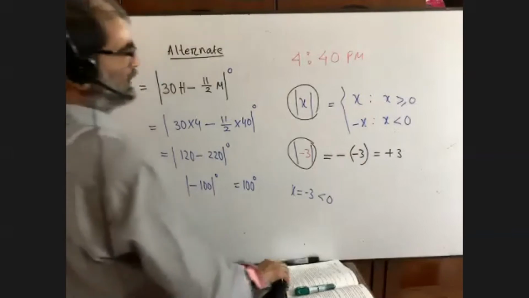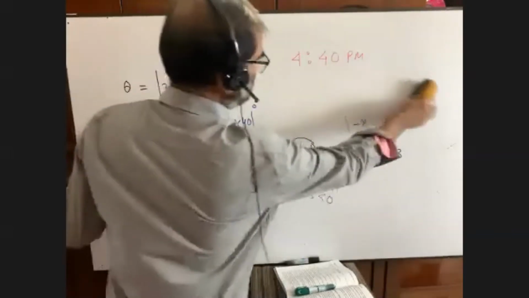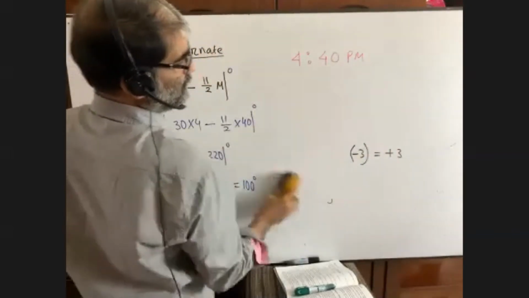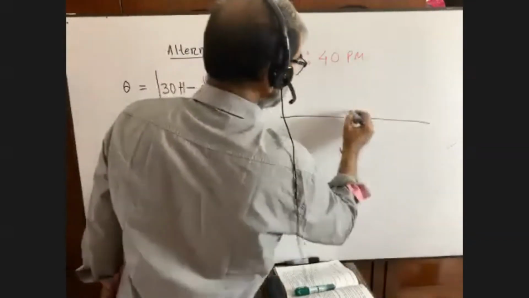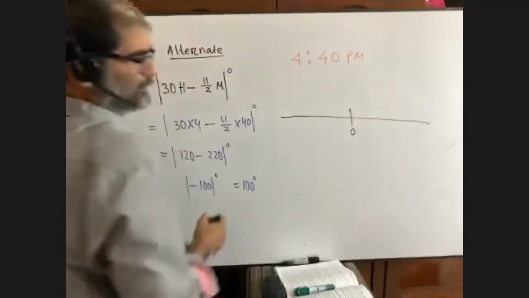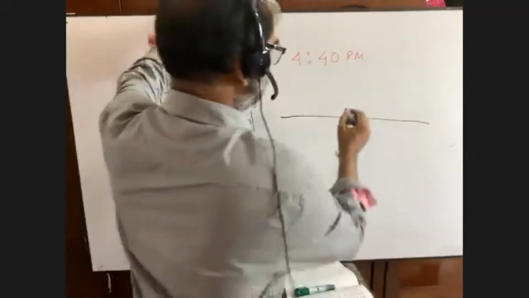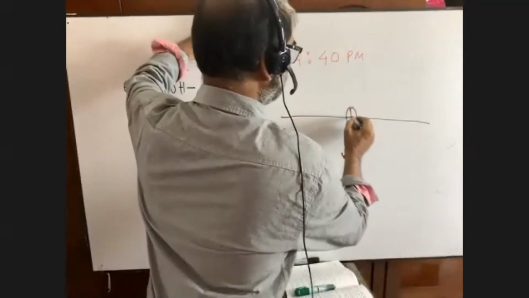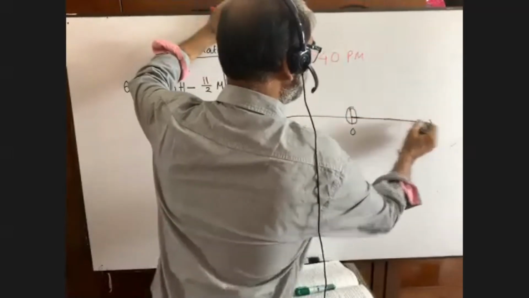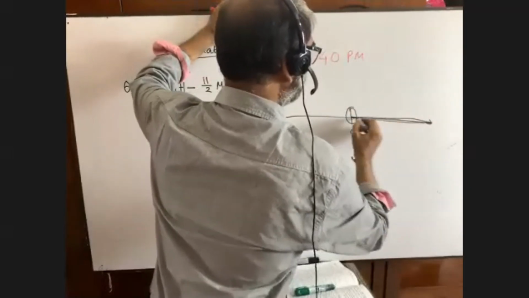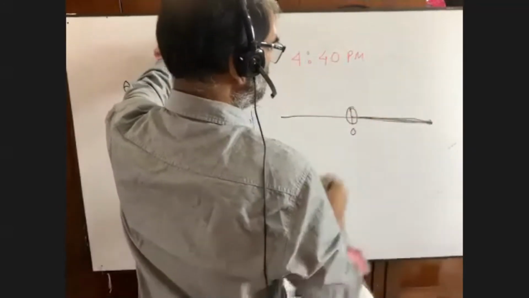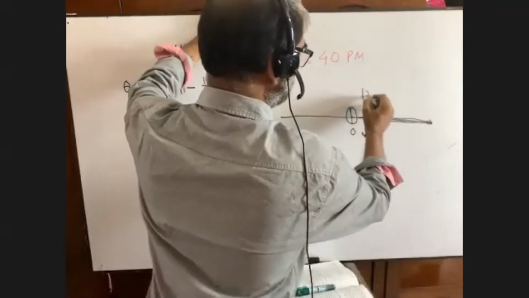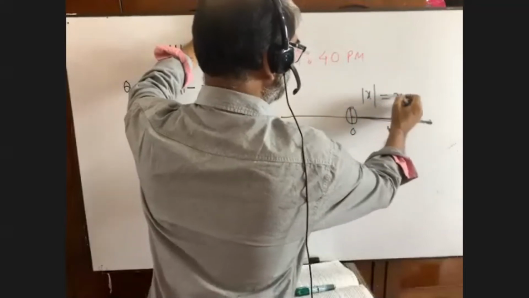Now, you can again ask me, how does it come? Please try to understand. Actually, it is a number line, it is 0. This part, including 0, its value is x.